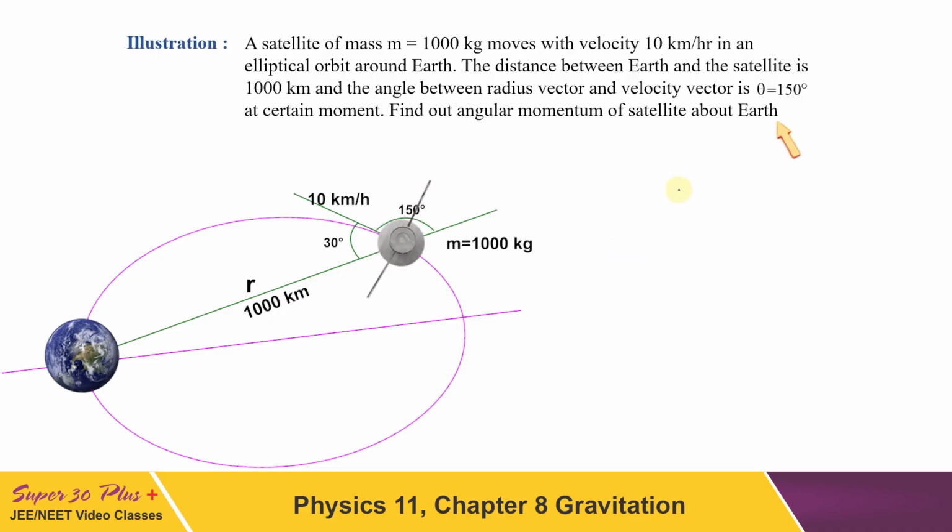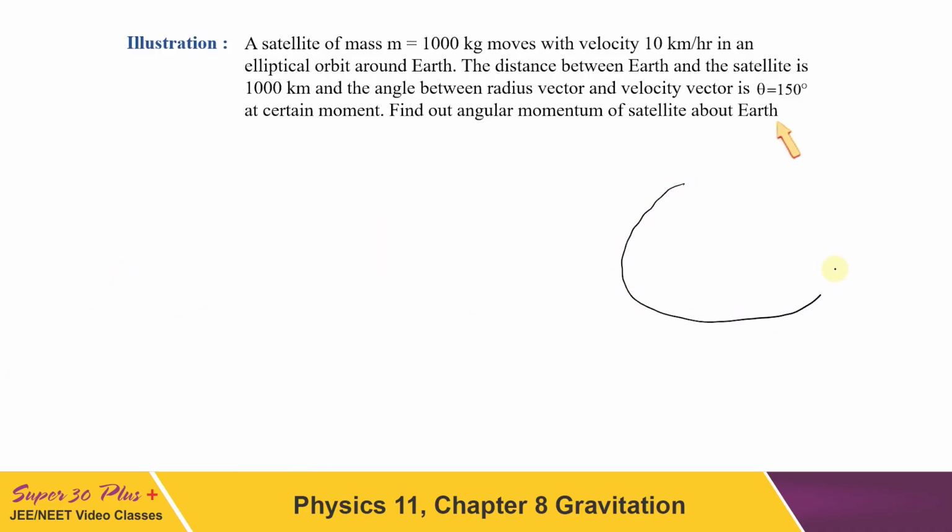Let us first draw the situation. It is the elliptical orbit in which the satellite is revolving and Earth has to be at one of the foci. Now let us consider the satellite at any given moment is here, which I have shown by point P, and it has position vector with respect to the position of Earth, given by r. Its magnitude is equal to 1000 km.